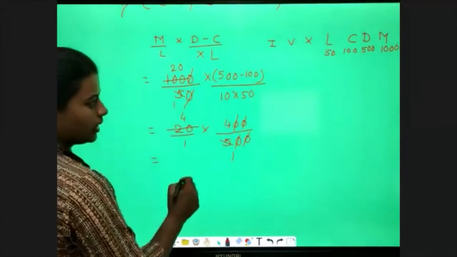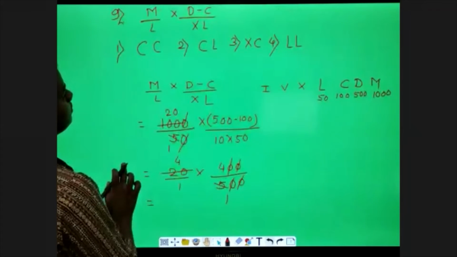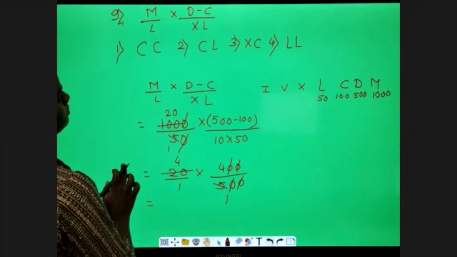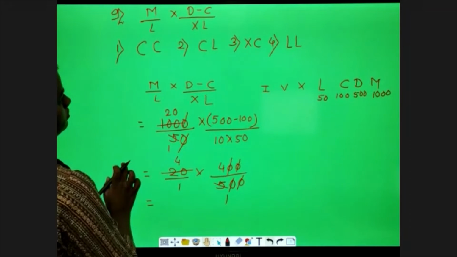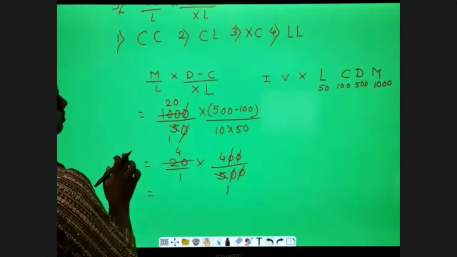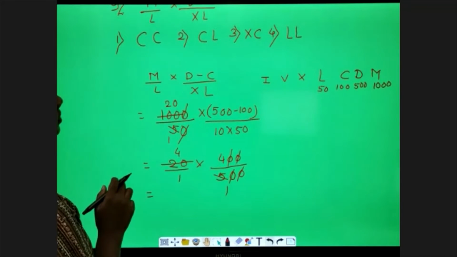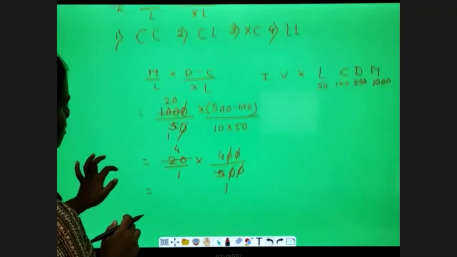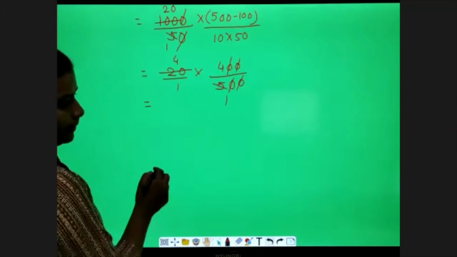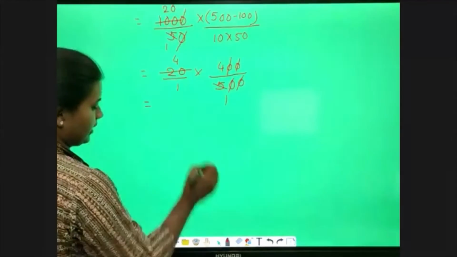So 4 multiplied by 4, it will be 16. How to write 16 then?